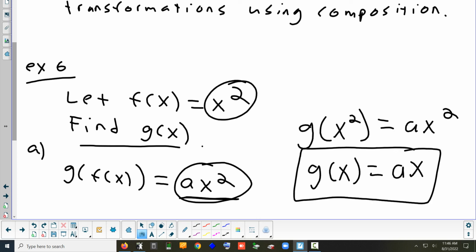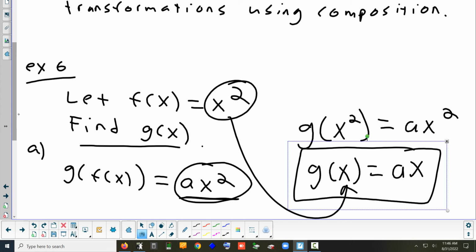Because now, if you took x squared and filled it in right there, which is exactly what they said to do, you would get g of x squared, which would be ax squared. So basically, this problem is a vertical stretch represented as a composition of g and f. It's a little tricky to figure that out sometimes.